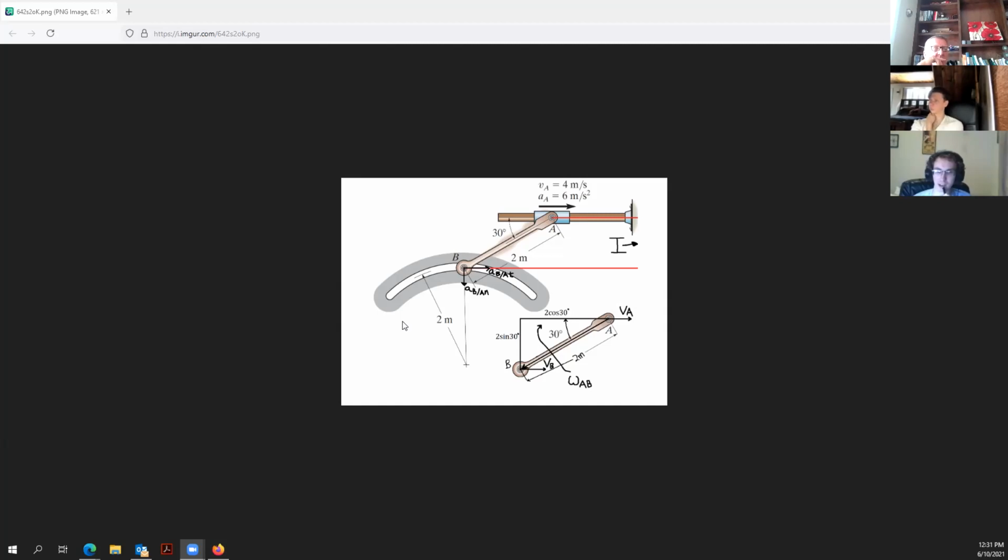Because the usual method of finding VB equals VA plus the rotation part, I still don't have the rotation, and I don't have other parts of the problem I can look at to create a system of equations that I can readily see. So maybe some, yeah.